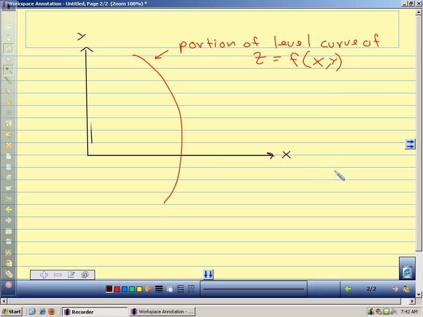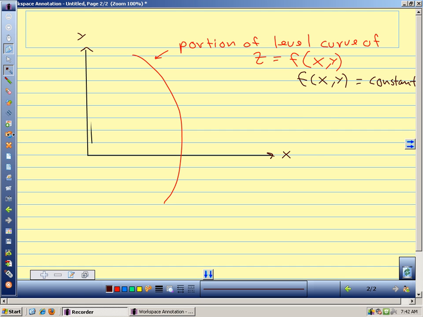How do we find level curves of a function? It's a constant. So f of xy is constant on the level curve.